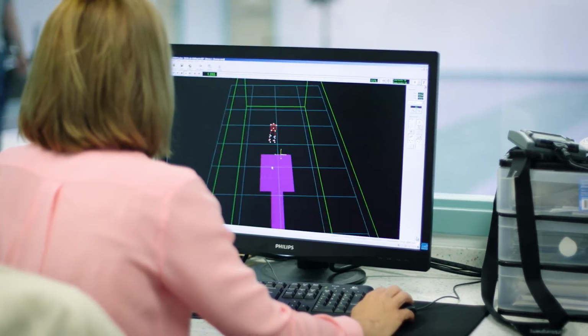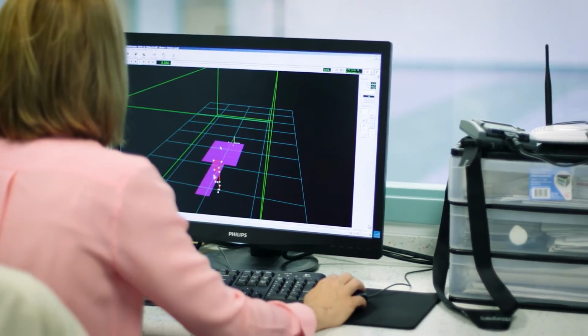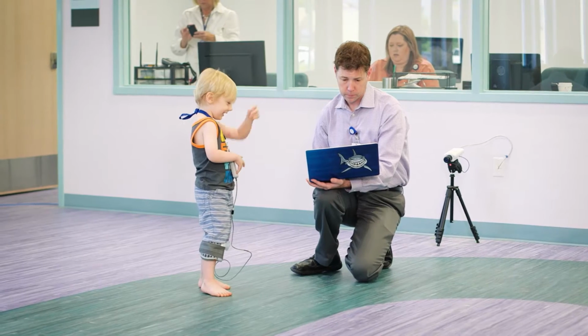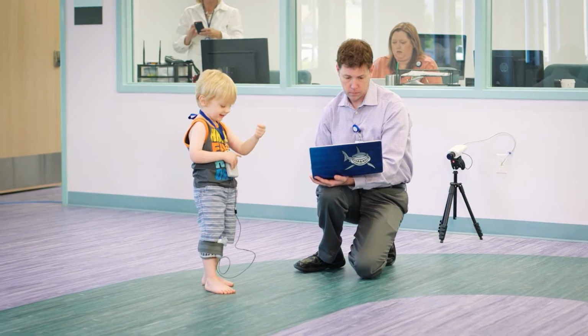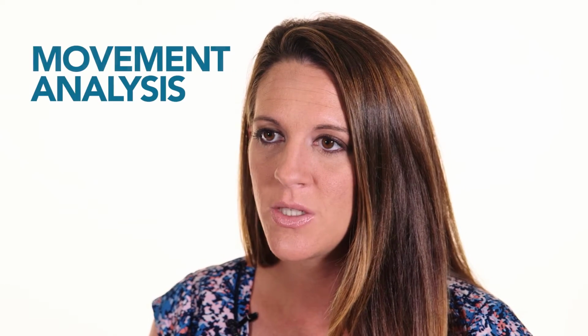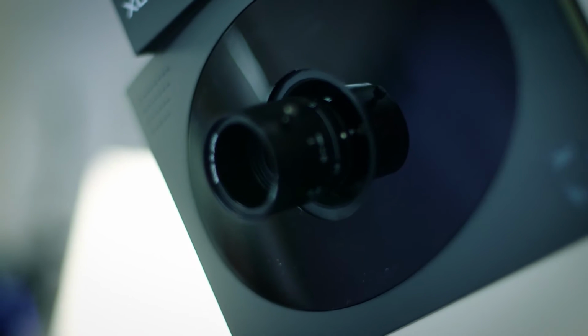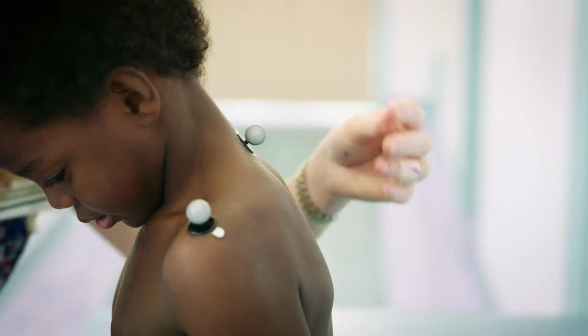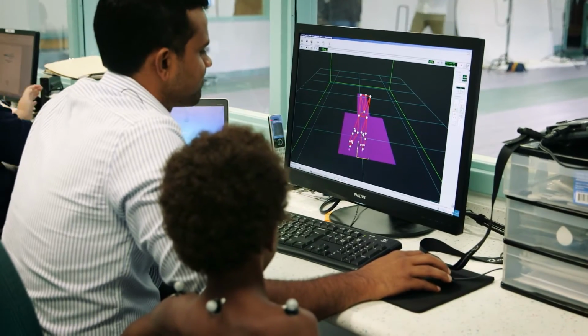Because of the technology in the motion lab that's been provided for us by our donors, we now have objective information to develop treatment plans for these children. For movement analysis, we have our 3D infrared cameras that pick up our sensors and simulate a child in a 3D image on our computer.